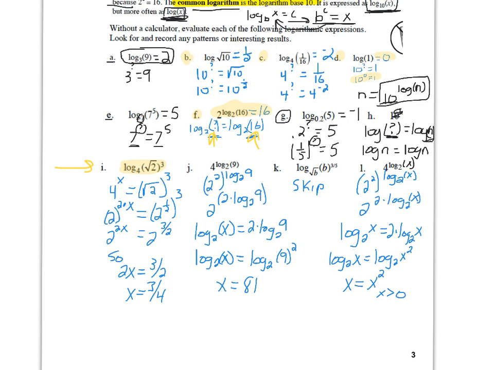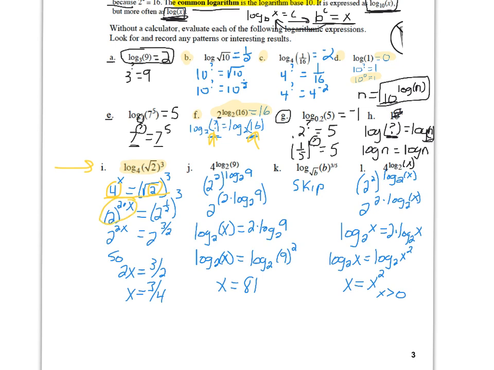Well, that's going to be 4 raised to something. We're going to call that x. Has to equal the square root of 2 raised to the power of 3. Now that 4, that's not the same as the 2 on the right. This 4 needs to be rewritten in terms of base 2. Well, 4 is 2 squared raised to the power of x.